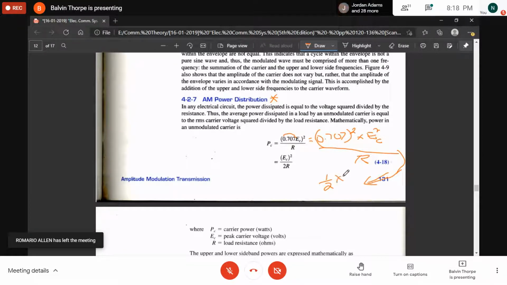Half times EC squared, and then all of that is going to be over R. So this is going to be EC squared divided by 2, and then all of that is going to be divided by R. All right, so you see how we get that now?